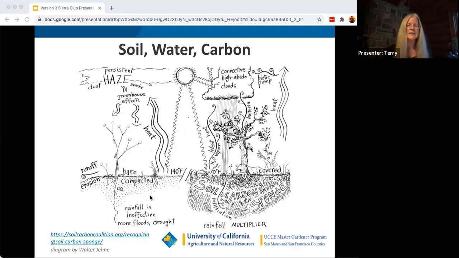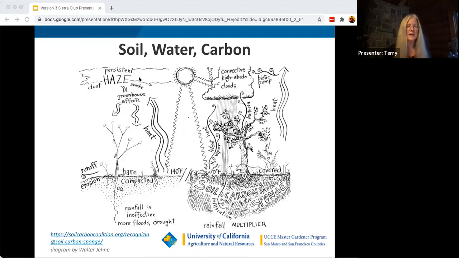Any rain that does happen to fall on the ground will tend to run off because that soil will tend to be very compacted. So the rainwater will run off, taking the silts and the clays along with it. And then the moisture that is there creates a haze in the atmosphere.